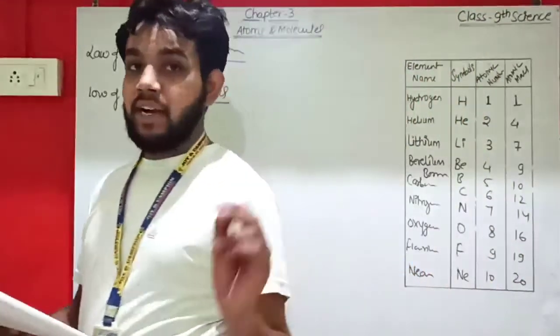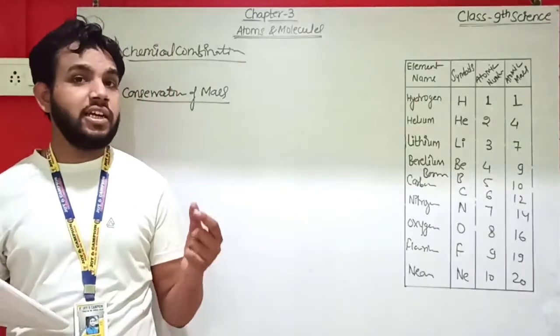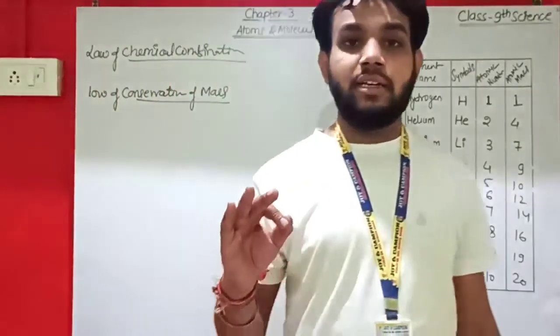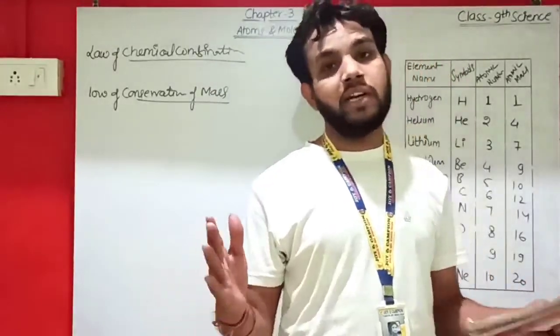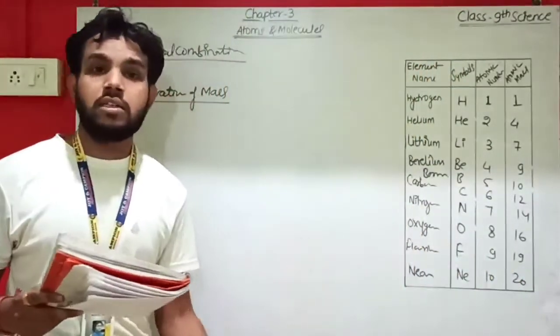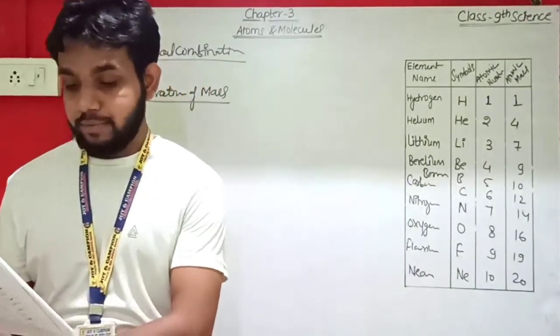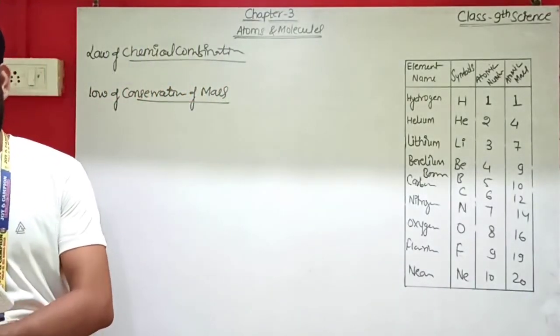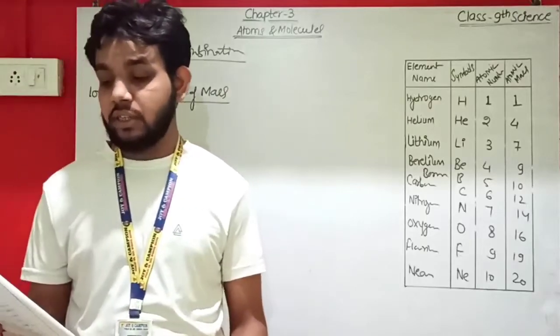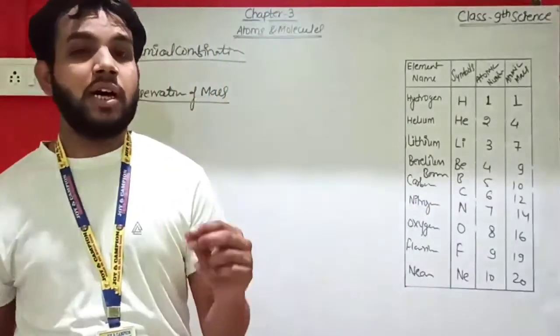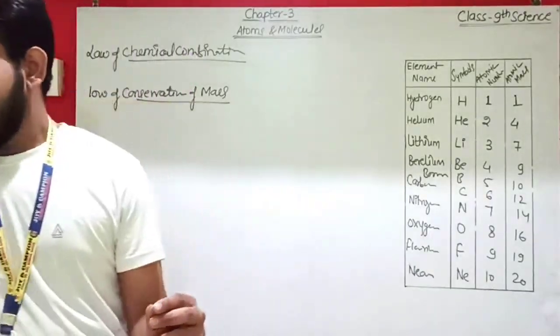तो 1744 में जो फ्रेंच केमिस्ट थे लावोजियर, उन्होंने मास ऑफ रिएक्टेंट एंड मास ऑफ प्रोडक्ट के बीच में रिलेशन फाइंड आउट किया। इस रिलेशन को लॉ ऑफ कंजर्वेशन ऑफ मास कहते हैं। दिस लॉ स्टेट दैट ड्यूरिंग एनी केमिकल रिएक्शन द टोटल मास ऑफ प्रोडक्ट इज इक्वल टू द टोटल मास ऑफ रिएक्टेंट.